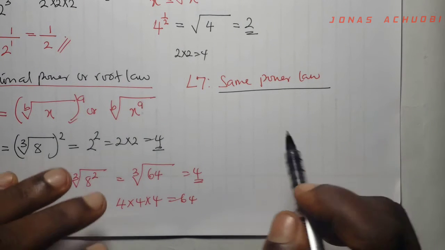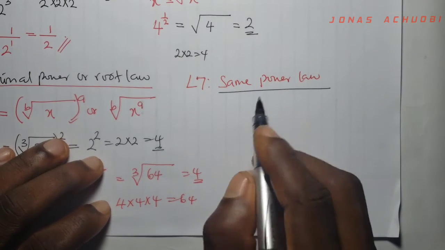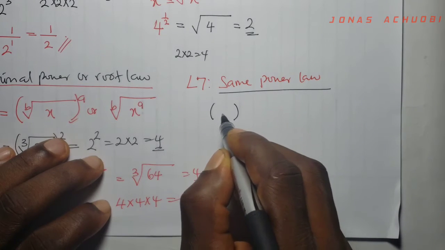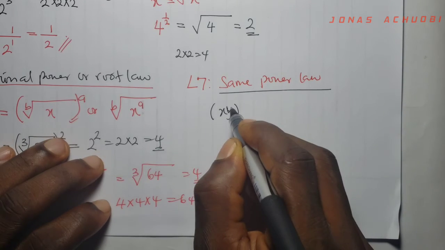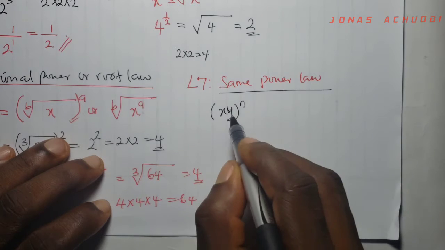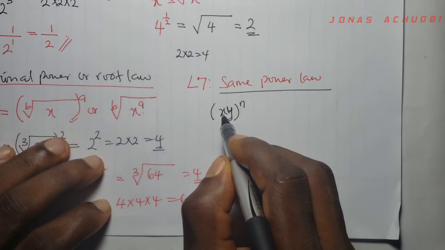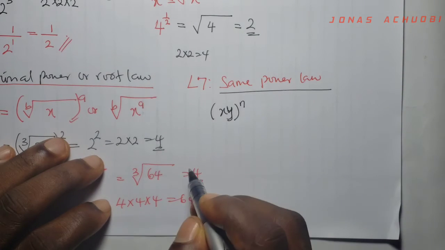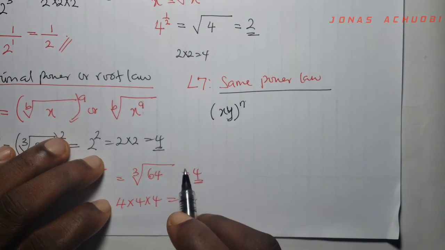Law number 7, which I shall call the same power law. Very simple. What this law is saying is that if in our bracket we have more than one base, for example, we have x and y, and these two bases are both raised to a particular power outside, let's say power n. So this is (xy) all raised to the power of what? n. So here the bases are x and y, multiplied together, and it's a common power outside. What this law is saying is that same power law means x and y have the same power outside.